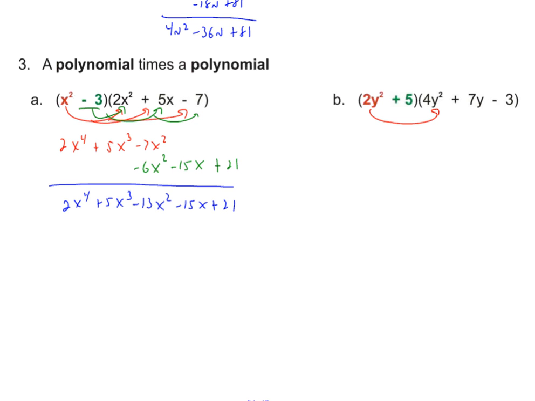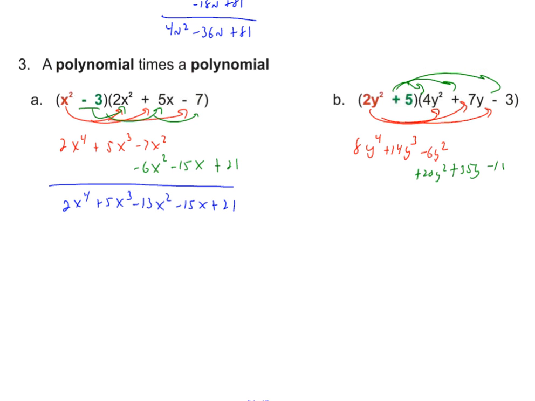All right, so you're distributing, what do you got, an 8y to the 4th. You've got a 14y cubed, and you should have had a negative 6y squared. Use my green here. Let me go over the top. So what is this? A 20y squared. It's right, positive. And this is a 35y, because we like it like that.